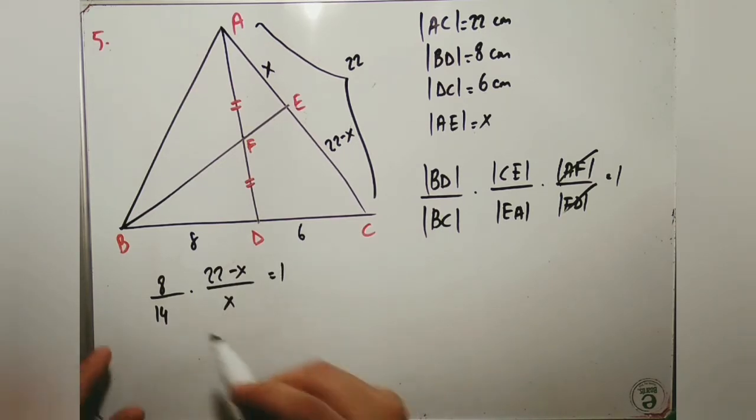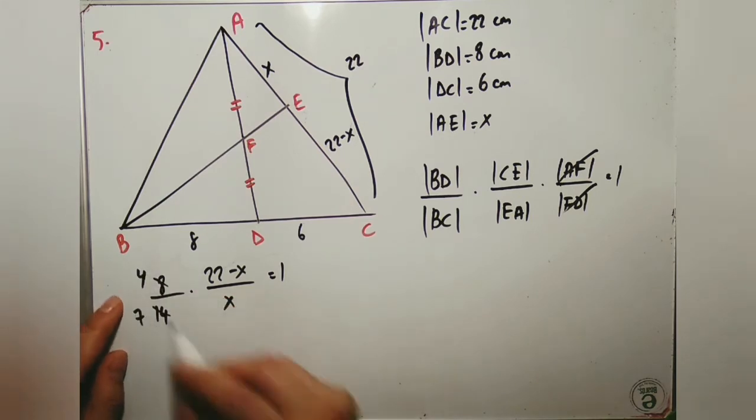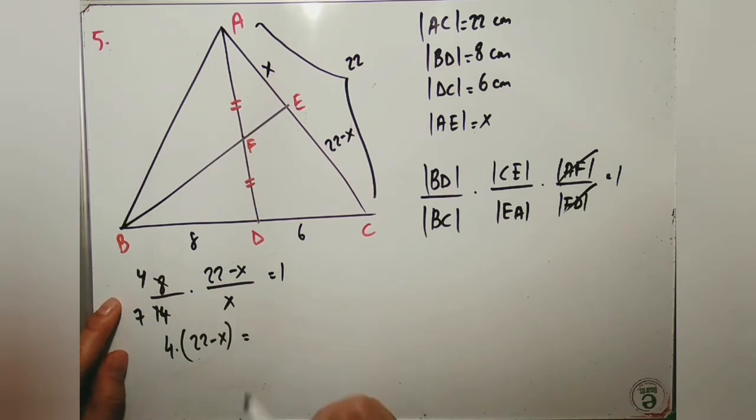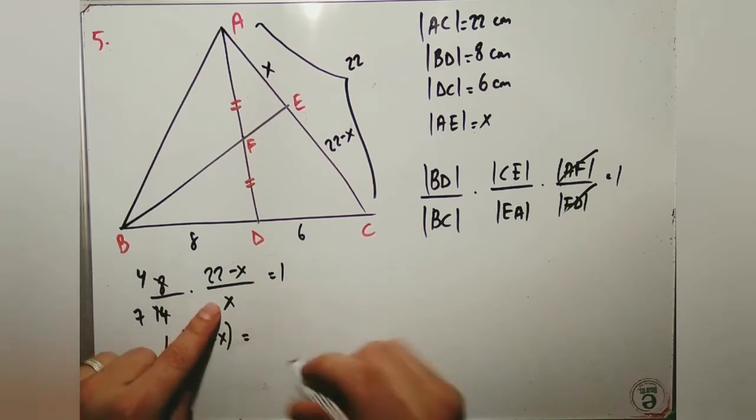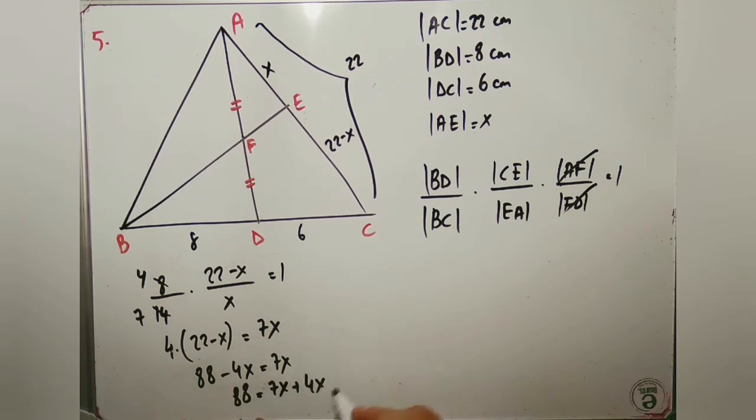We can simplify it by 2. It's 4 and it is 7. 4 times 22 minus x is equal to 7 times x times 1, which is 7x. 4 times 22 by using the distributive property, 88 minus 4x is equal to 7x, and I will bring it over. 88 is equal to 7x plus 4x.